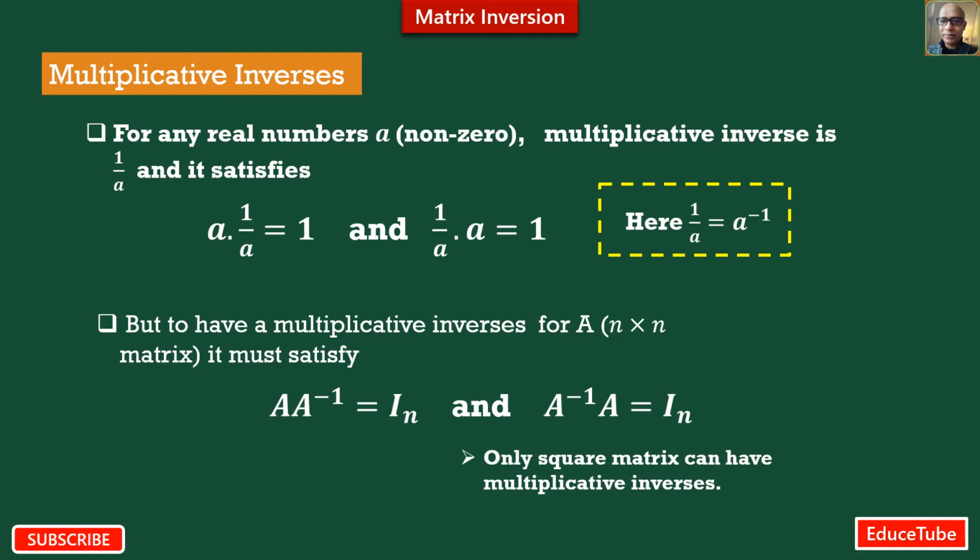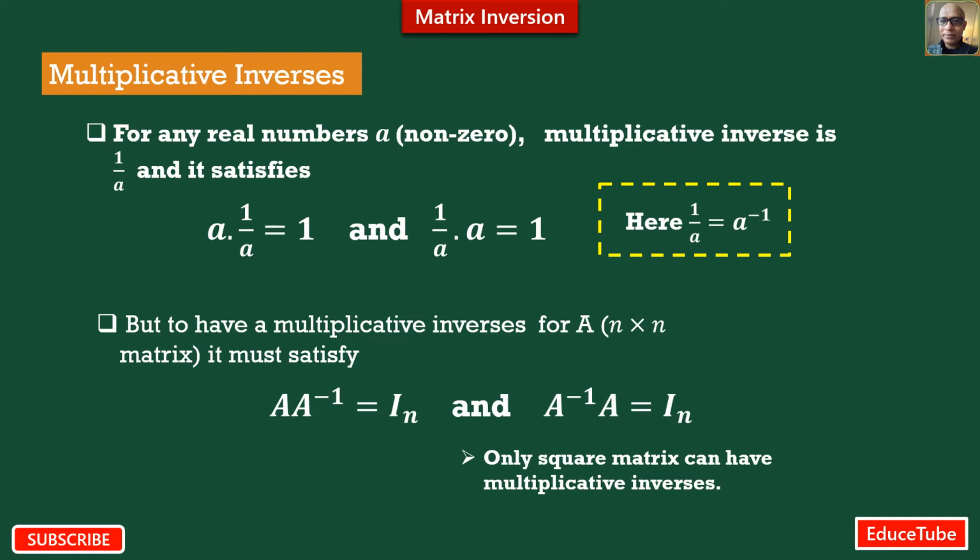So to have a multiplicative inverse for an n by n matrix A, it must satisfy A into A inverse equal to I. N indicates an n by n matrix, I mean a square matrix.